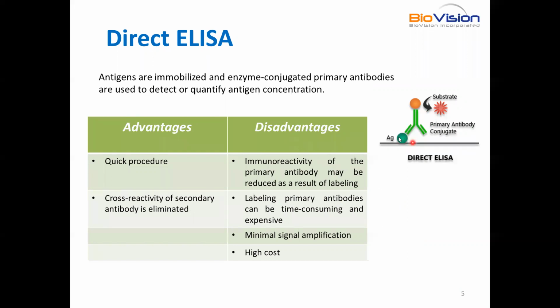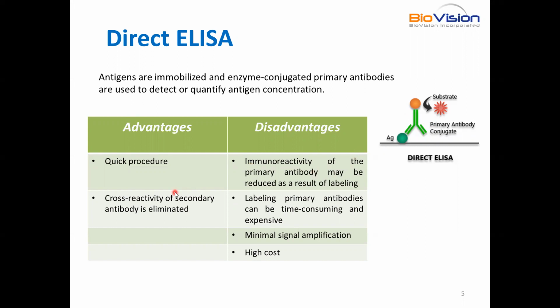So this is a very simple or straightforward method. We see the antigen is immobilized on the surface of the 96-well plate, and an enzyme conjugated primary antibody is used to detect or quantify antigen concentration. In this kind of ELISA, the specificity of the primary antibody is very important.